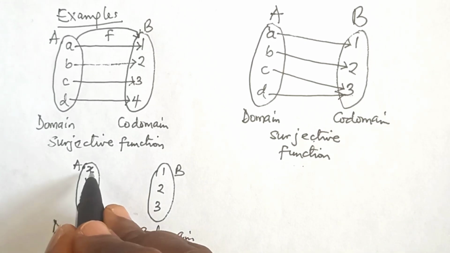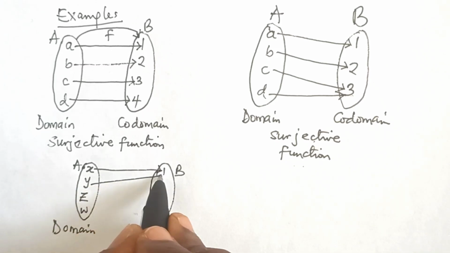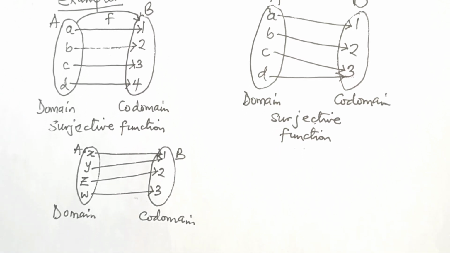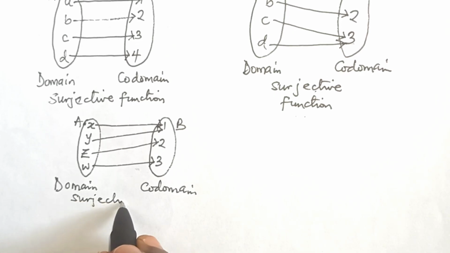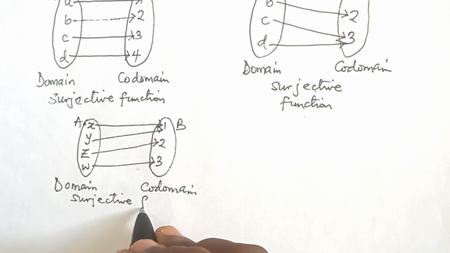So X is mapped to 1, Y is mapped to 1, Z is mapped to 2, and W is mapped to 3. So this is also a surjective function. You can see that none of the elements in the codomain are left out in this surjective function.